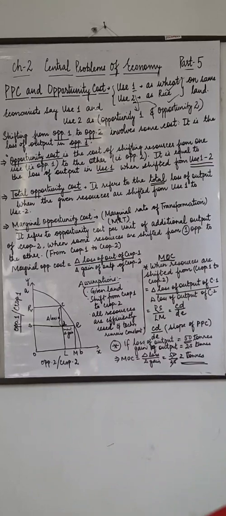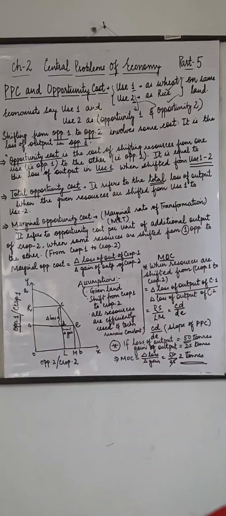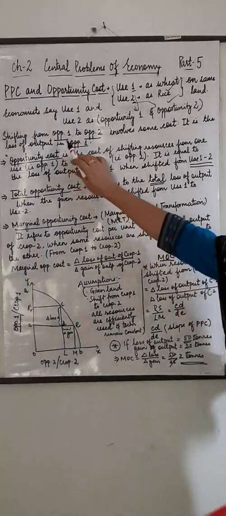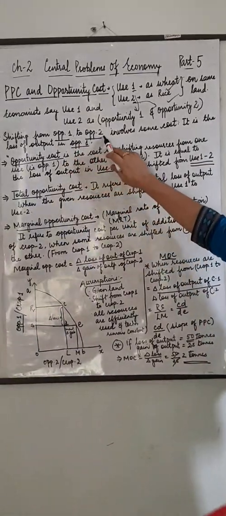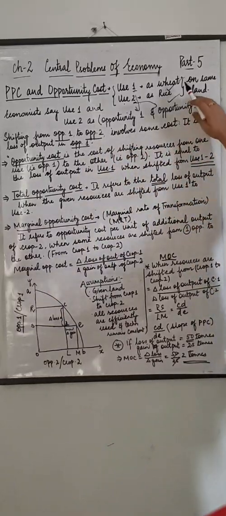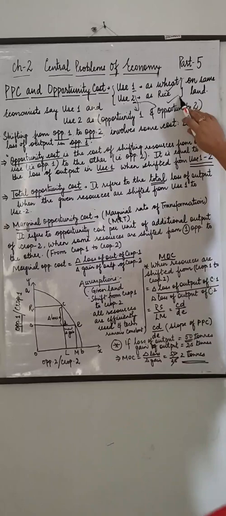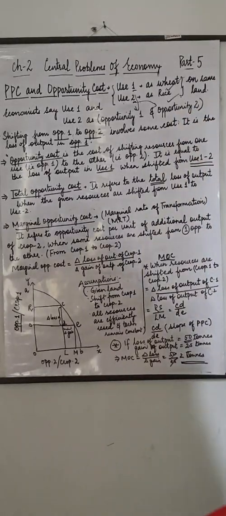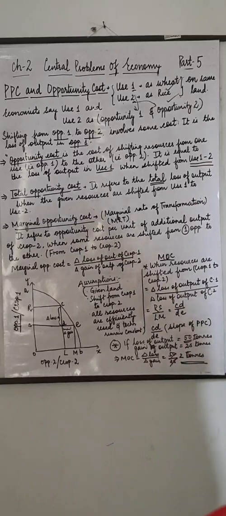So I am moving ahead, and I am compromising with the cost. So shifting from opportunity 1 to opportunity 2 involves some cost. Here, if I am growing wheat and now I have to grow rice, then obviously for rice I have to invest my money. So costing is involved.